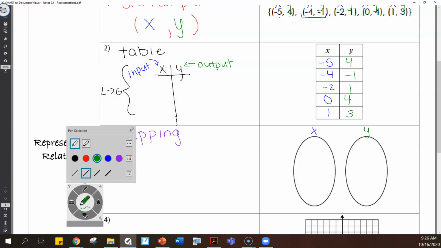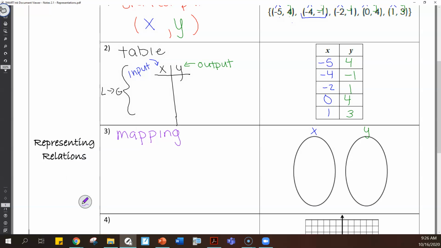So the first step for mapping is going to be to list all of your x values. When I list my x values, I want them to go least to greatest. And I want to make sure that I don't repeat any numbers.